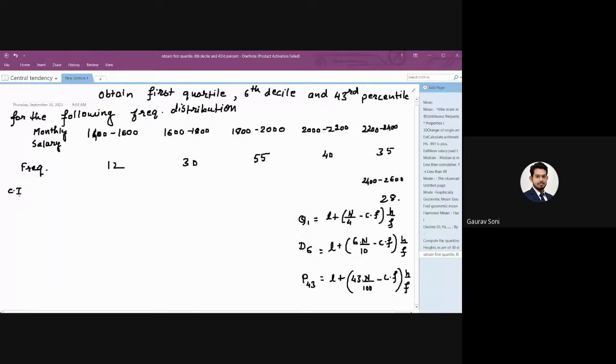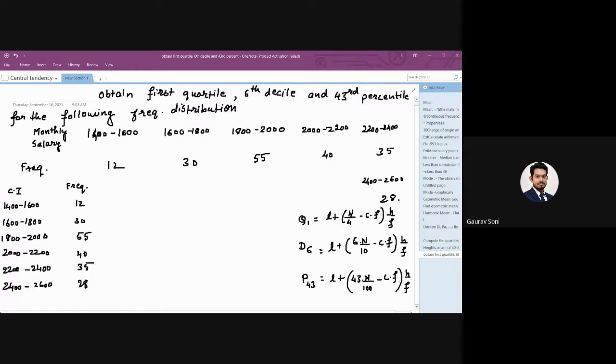If I want the cumulative frequency, I should make another table which will consist of the class intervals 1400 to 1600, 1600 to 1800, 1800 to 2000, 2000 to 2200, 2200 to 2400, 2400 to 2600, and the frequencies 12, 30, 55, 40, 35, 28.